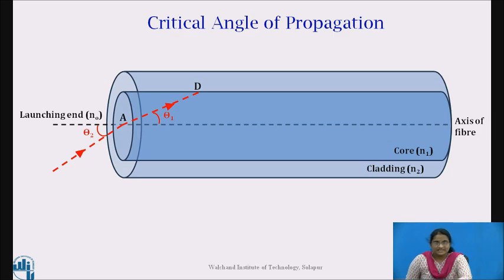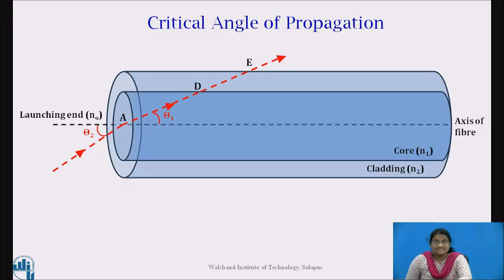Now the ray reaches the core cladding interface at point D. At this point D, the refraction takes place again and the ray travels in the cladding. Finally, at point E, the ray refracts once again and emerges out of the fiber, that is, into the air.